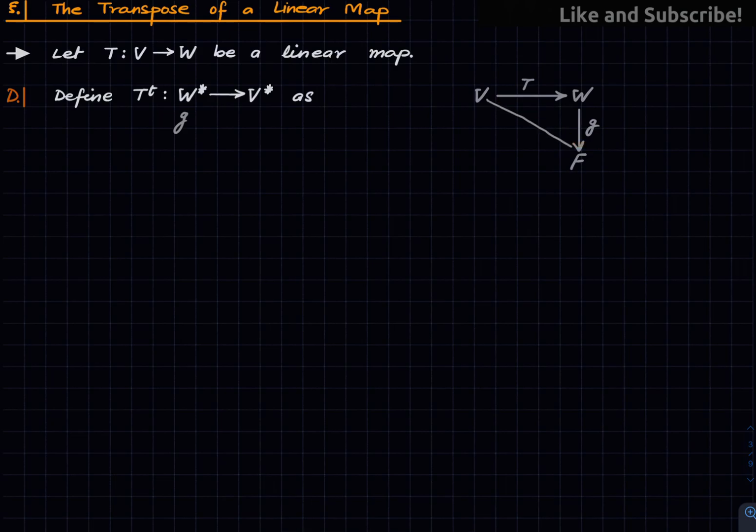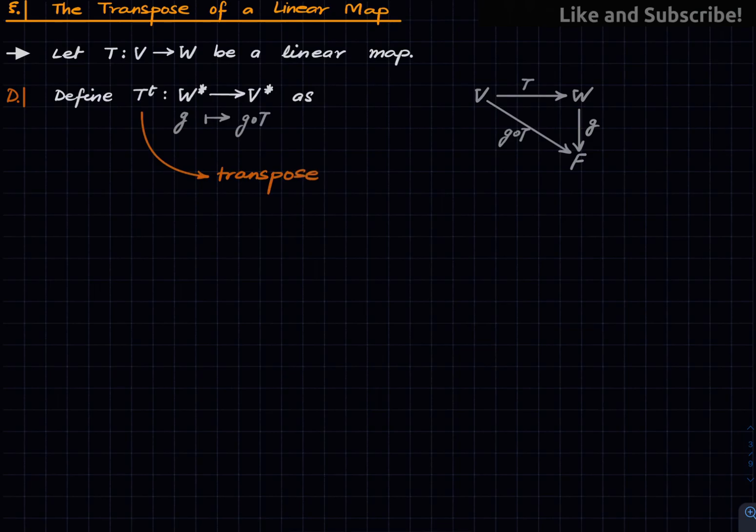Once we compose them, this will be a linear map because it's the composite of these two linear maps. And this is what we define as the image of G under this map. So this map sends G to G composed with T. This is the dualizing map, or the dual of T, or the transpose of T. Let me write it. This is the transpose of T.